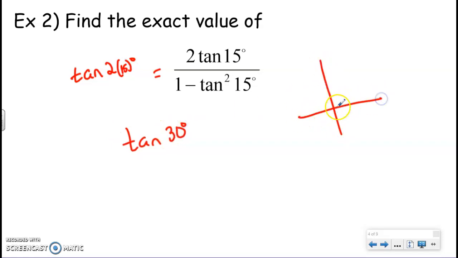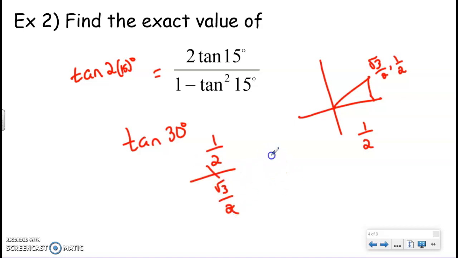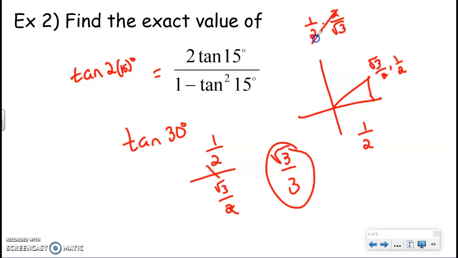So if you think of this, here we have opposite over adjacent, 1/2 and square root of 3 over 2. So sine over cosine, 1/2 divided by the square root of 3 over 2 gives us the square root of 3 over 3. Okay, and if you don't remember that, remember we're going to do 1/2 times 2 over the square root of 3. Those simplify, and then you have to rationalize there.